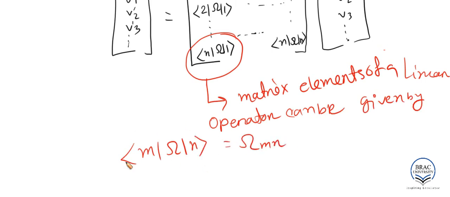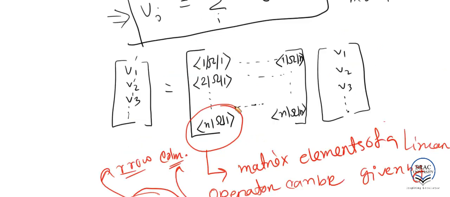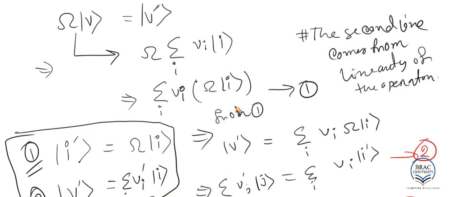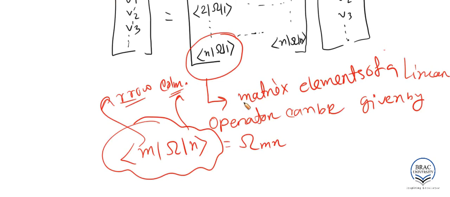So this is the bracket notation representation, this one. This is the bracket notation, or Dirac notation representation of this linear operator, and this is the index notation, where this corresponds to the row and this corresponds to the column. So this completes our motivation for representing our operators in finite dimensional vector space as matrices.